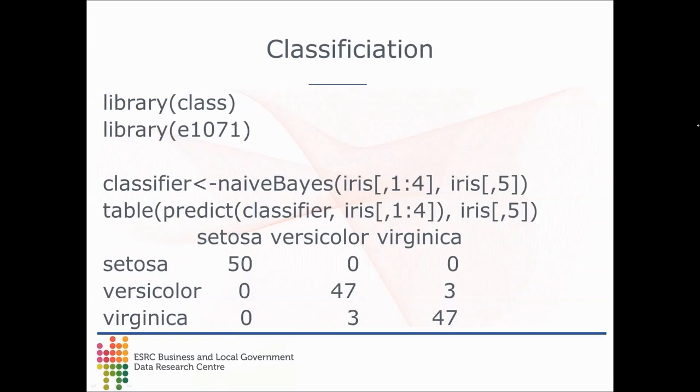And here I have, in effect, the screenshot from our R session that I had open earlier that uses naive Bayes and the Iris data set to create a classification on the Iris data.